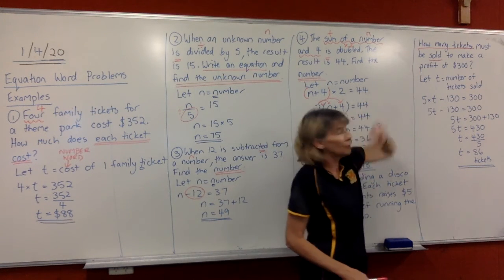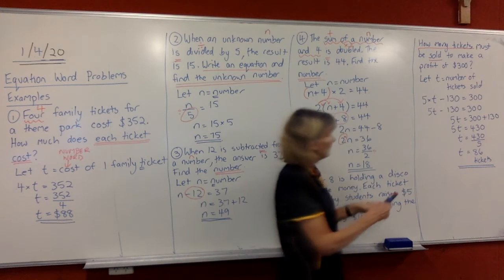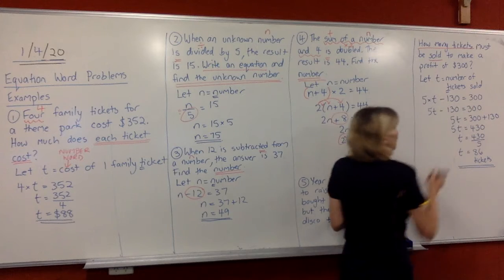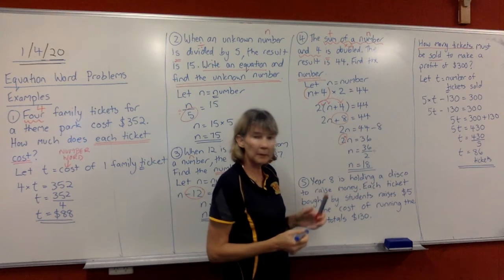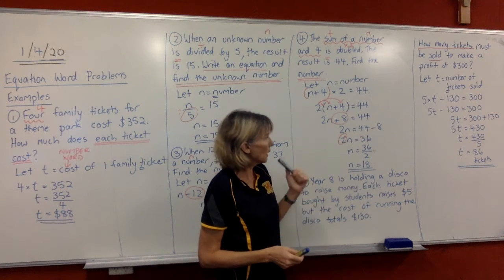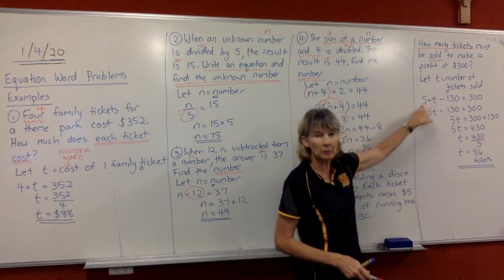So we've been asked to find how many tickets must be sold. So we're going to let T equal the number of tickets sold. Now, if you think about it, each ticket has a $5 profit. So we're going to get each number of tickets and times by 5.